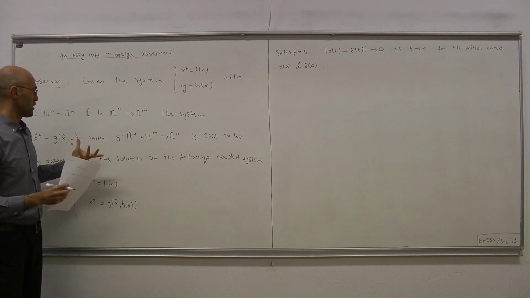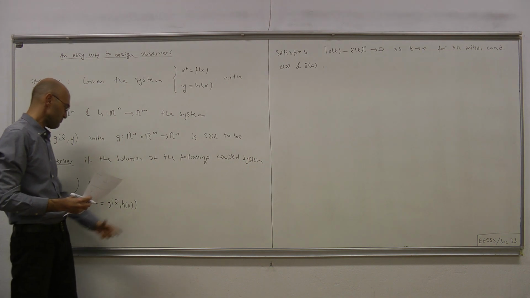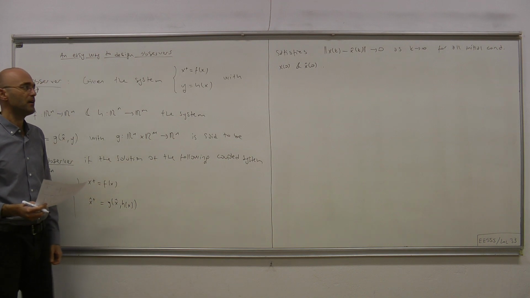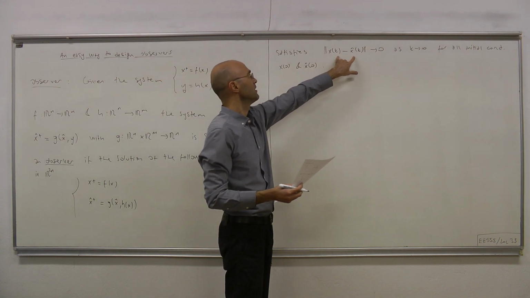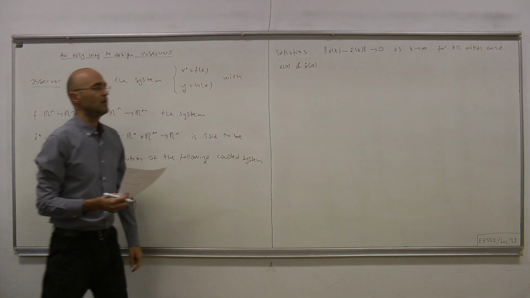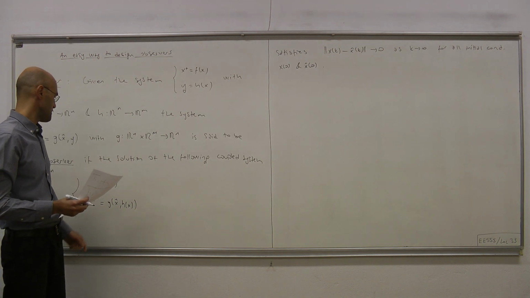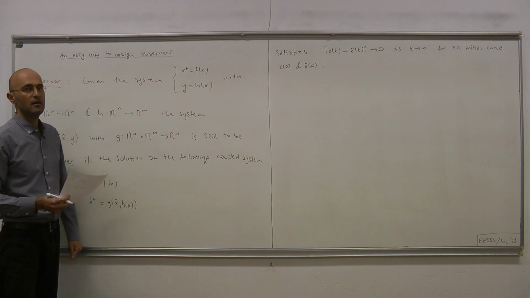Given the system, you construct the observer subsystem in such a way that when you run these two systems together, starting from arbitrary initial conditions, it's always the case that the difference between the actual state and its estimate converges to 0. If that is the case, then this is said to be an observer system for the given system.